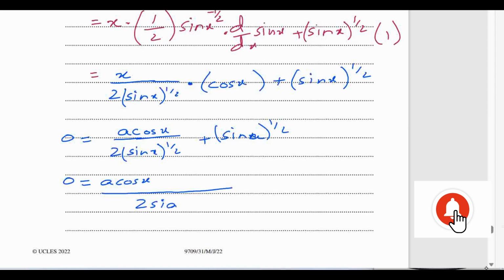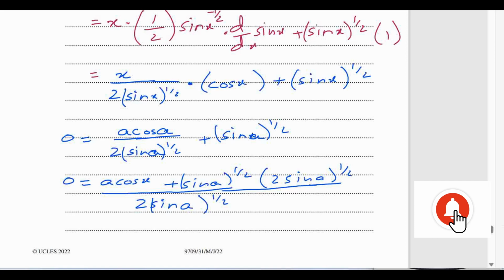So this should be a, as we have replaced it with a. So this should be a sine of a power 1 by 2 into 2 sine of a power 1 by 2.